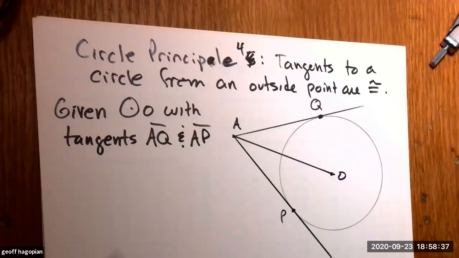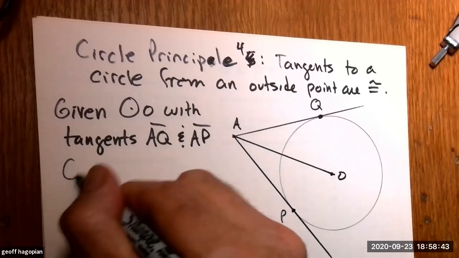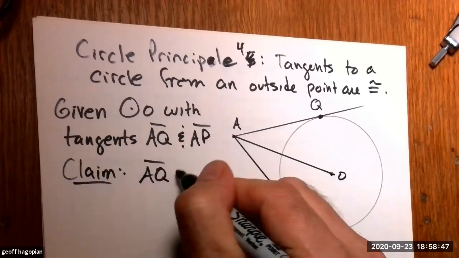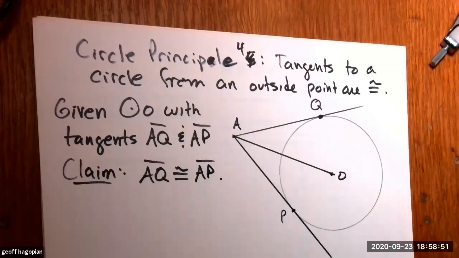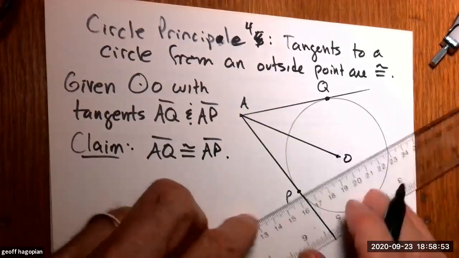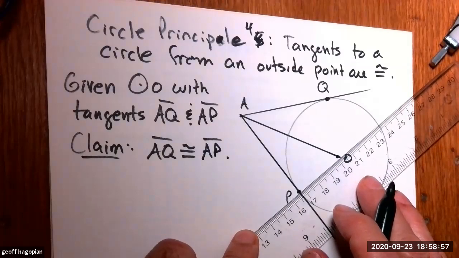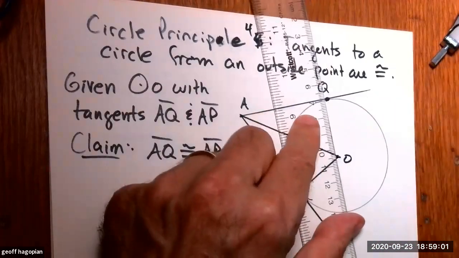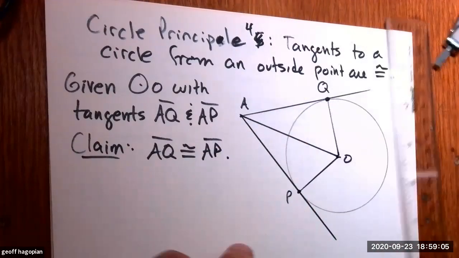So the claim is that AQ equals AP. They're congruent. So let's draw these triangles. And I think it's going to be that easy, right? Once we draw these triangles, it's just going to pop out at us, right?